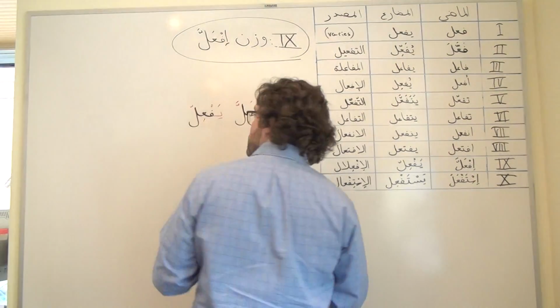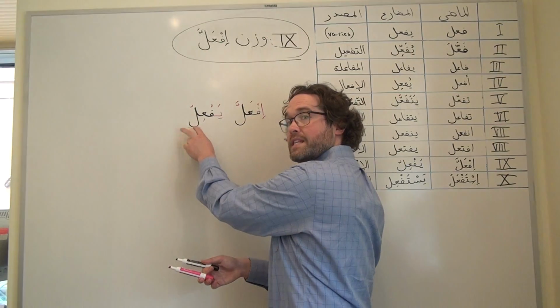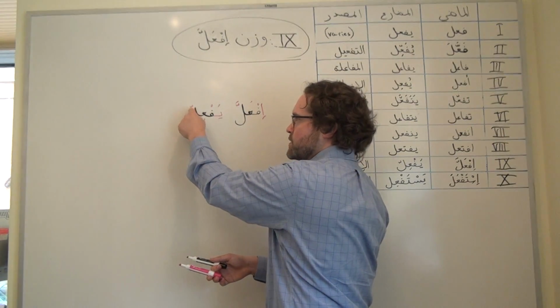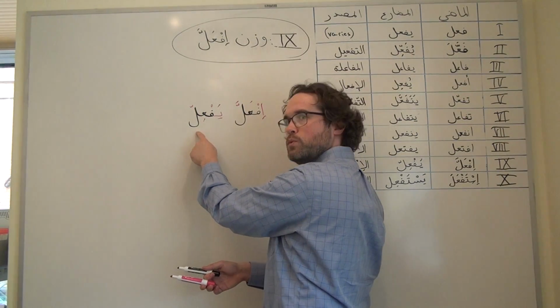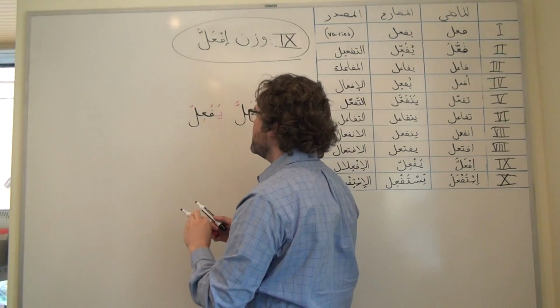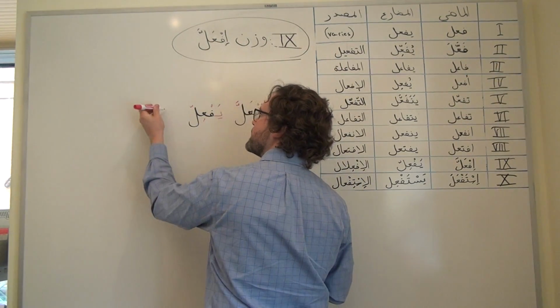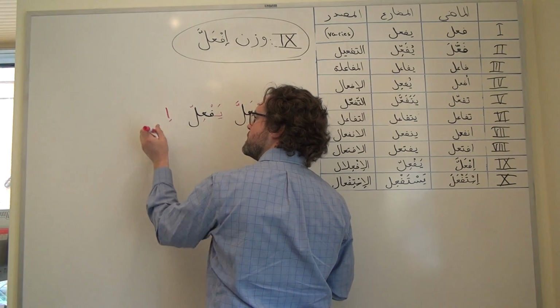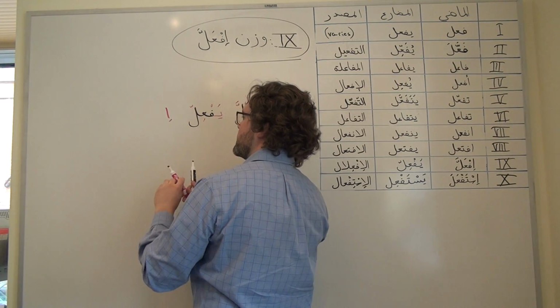And in the masdar form, we actually separate those last two letters, since the shadda represents two letters, two twins of the letter that it's on top of. So the masdar would actually look like this. Alif with a kasra at the beginning.